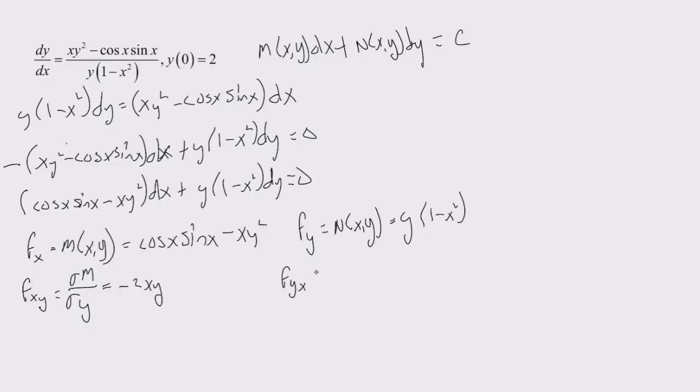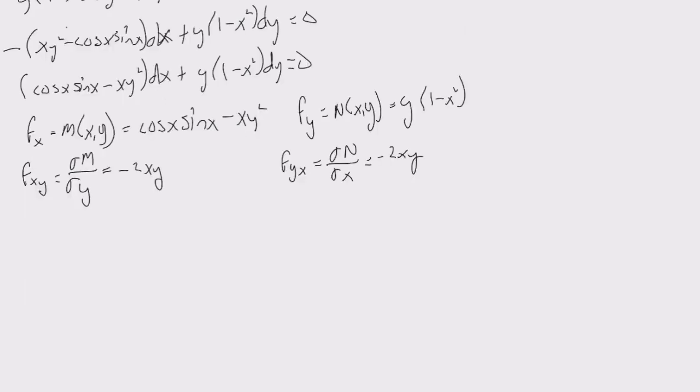And then I want to do the same thing over here. So partial of N with respect to x, which would, so the y is treated as a constant, and 1 minus x squared, the one derivative 0, so minus x squared would be negative 2x times the y. So, yay, we now have something that fits in that form. Good. So let's go forward.